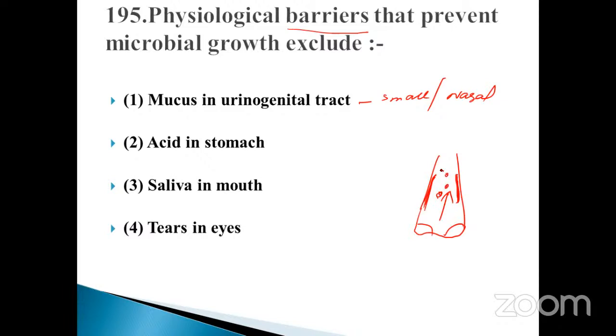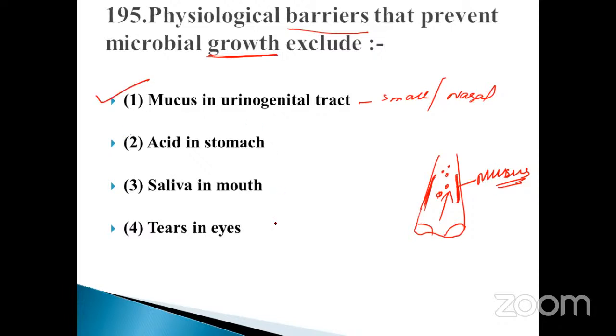Microorganism entry will be completely prevented by the mucus. What they are asking is physiological barriers that prevent the microbial growth. Consider this statement, very important. It can only prevent, but it will not control. So option A is correct.